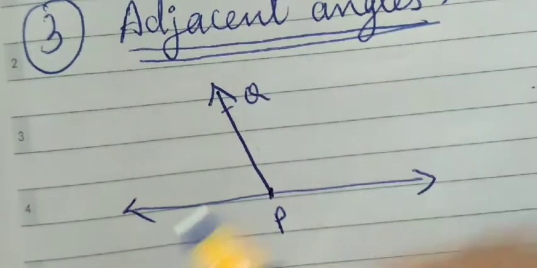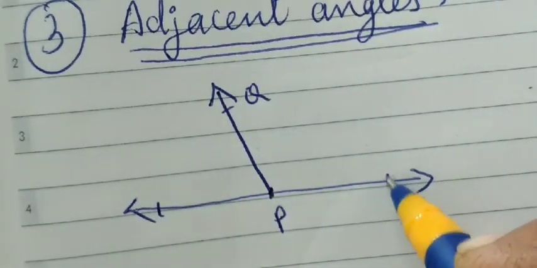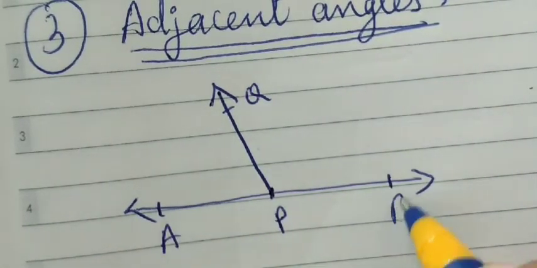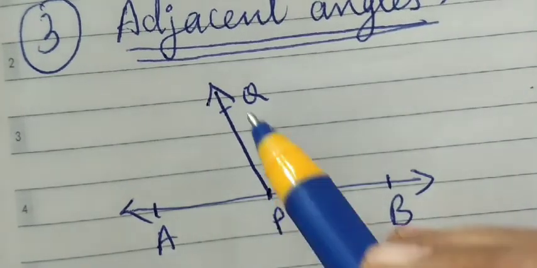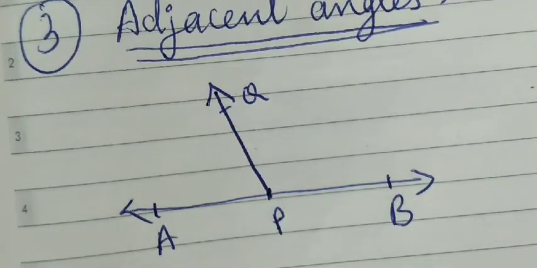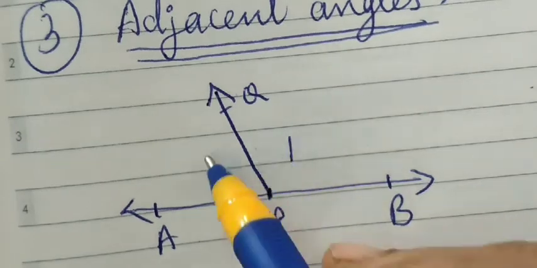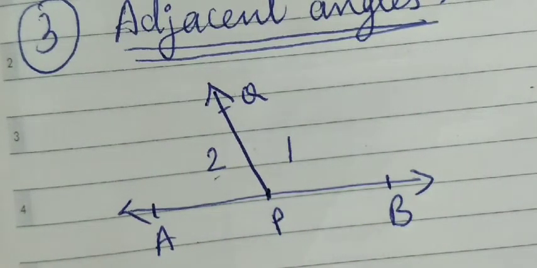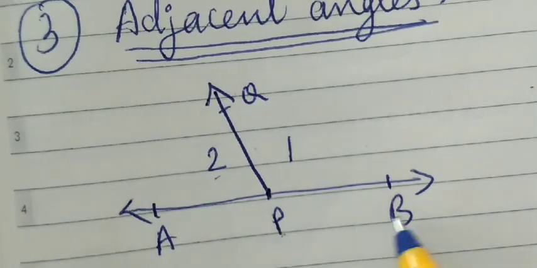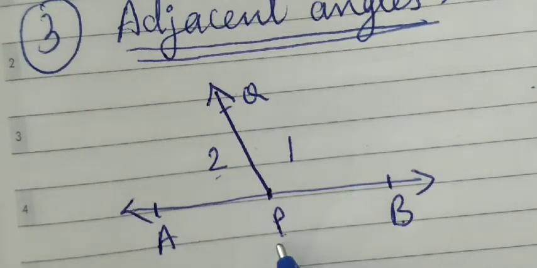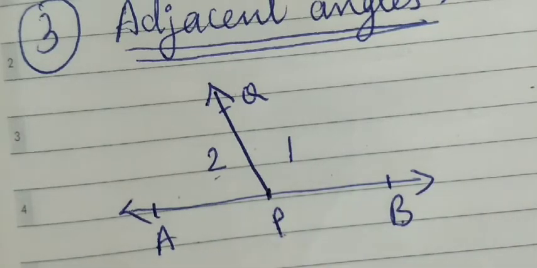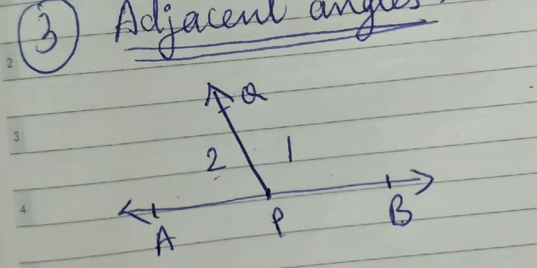If I name it, then you can understand in a better way. Now PQ is the common arm between these two angles. Then uncommon arm ray PB and ray PA. They are uncommon arms and they are on the other side of the common arm.